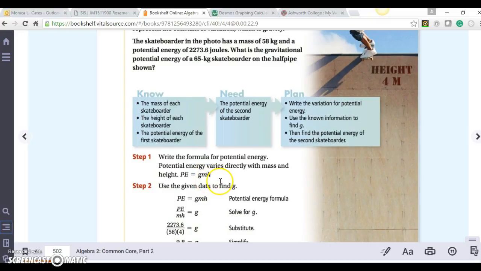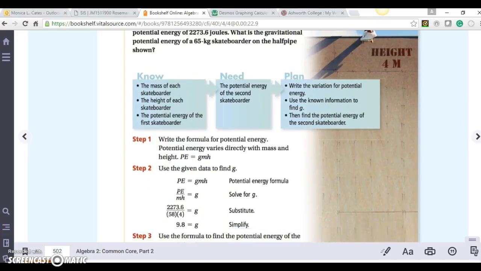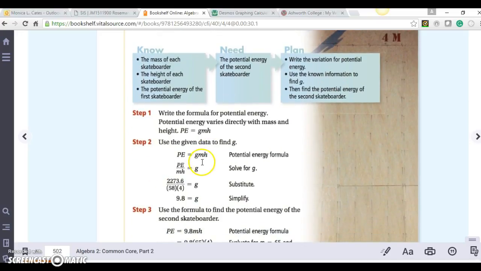And we are given the mass and the height, and we're given the potential energy. So they solved for g, which is fine. You don't necessarily have to do that. They did, so they divided both sides by mh, and they got g equals potential energy over mh. Then they substituted in their values, so potential energy was 2273.6 joules, the mass was 58 grams, and the height was 4 meters.